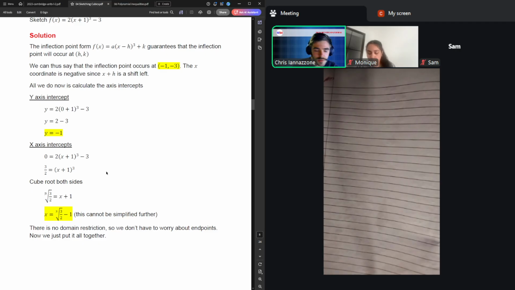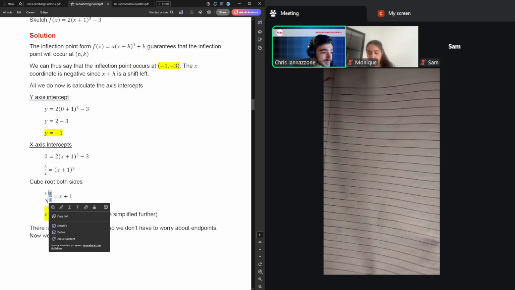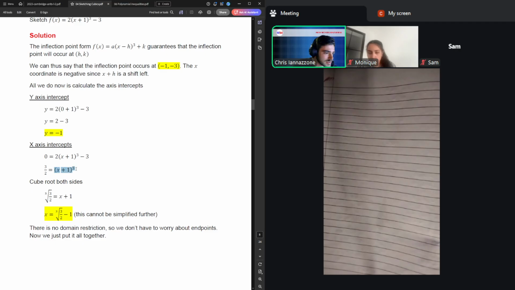It's just another root. So the algebra is slightly harder for this, but the fundamentals are still the same. Get everything onto the same side, cube root what's left over, and then get the x back on its own. The procedure would be exactly the same if there was a square there, but this would be the square root as opposed to the cube root.